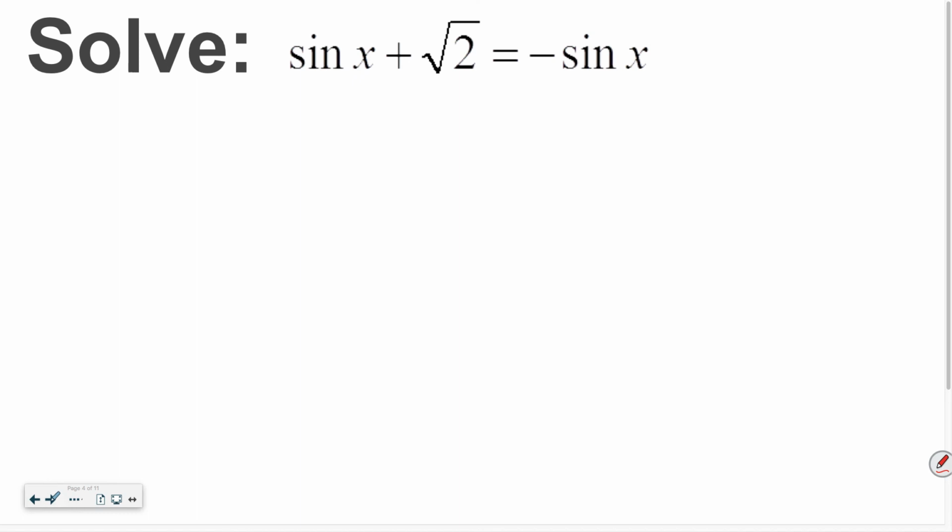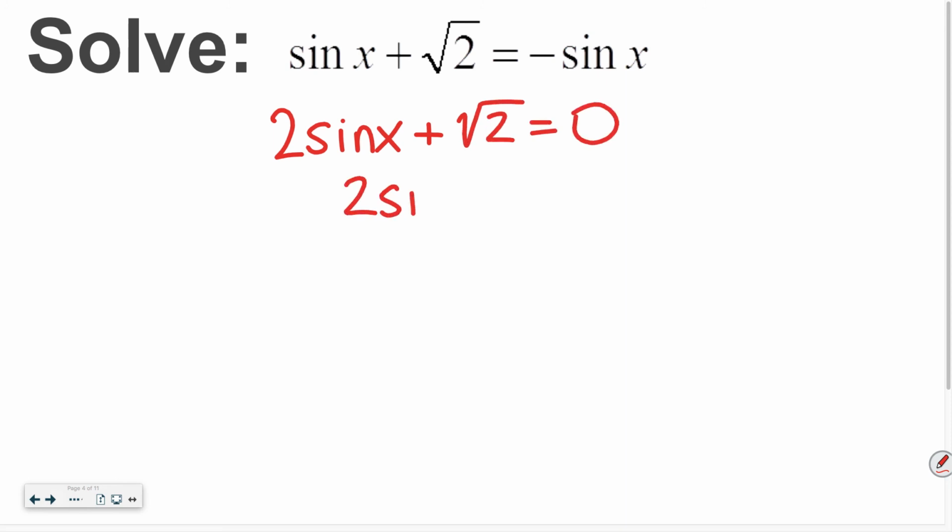Maybe we could take this sine of x and combine it with this one over here, and then, like you said, subtract the negative, this radical 2 over. So let's move this sine of x over to this side. So we would have 2 sine of x plus radical 2 equals 0.